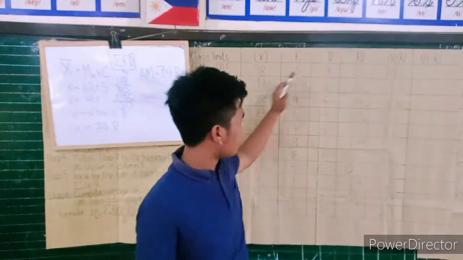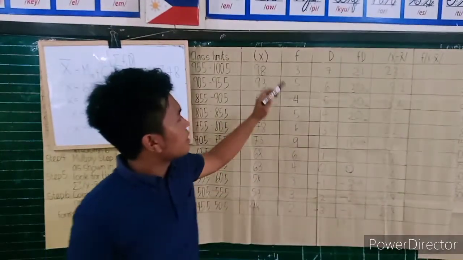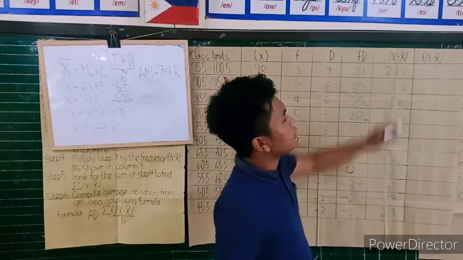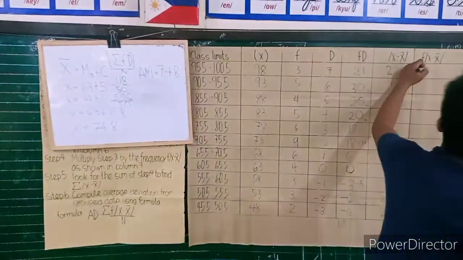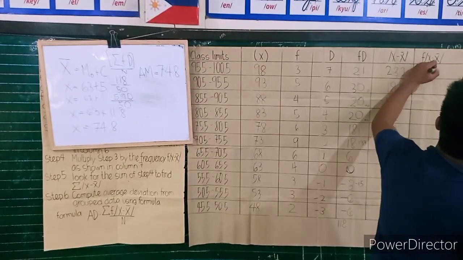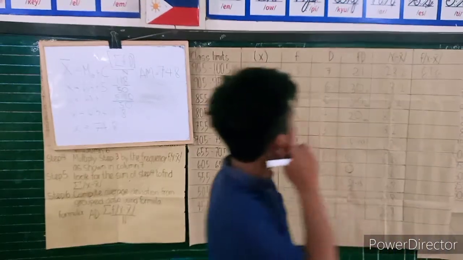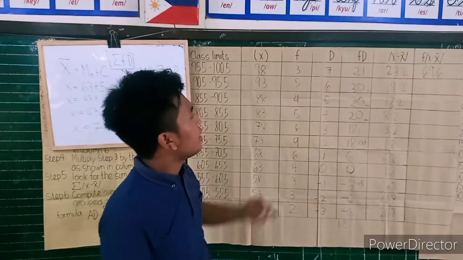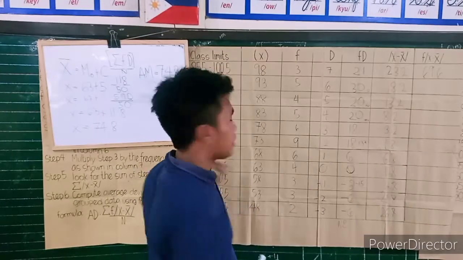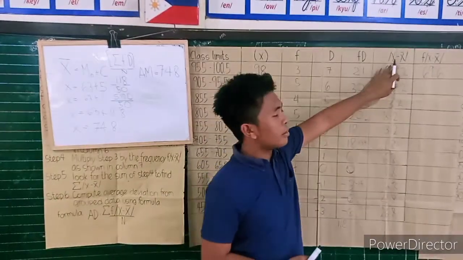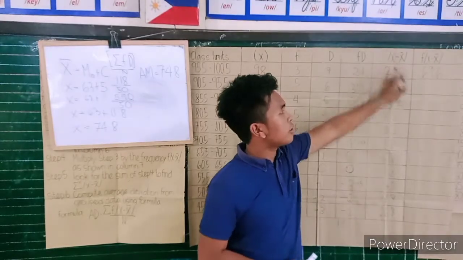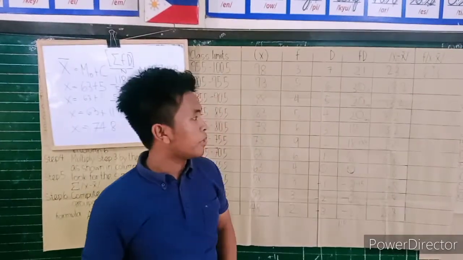So multiply 3 times 23.2. We have 69.6. Okay, don't forget, I repeat. In step number 4, we need to multiply the frequency and the midpoints minus the arithmetic mean.